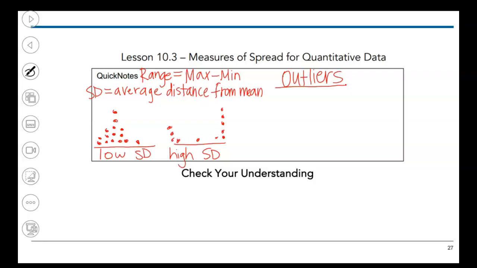So let's say our wait time was between 1 to 10 minutes, or like 2 minutes early. If you had a wait time of like 500 minutes, that's way extreme. You were way late. That's an outlier.